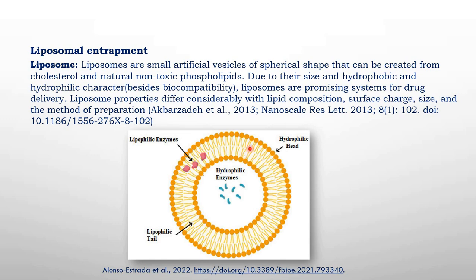As you all know, the phospholipid bilayer has two kinds of tails. One is the hydrophilic tail, which protrudes outside on two sides, and the hydrophobic tail, which is embedded inside. So this artificial membrane, originated from lipid molecules, cholesterol or natural non-toxic phospholipids, is called a liposome.